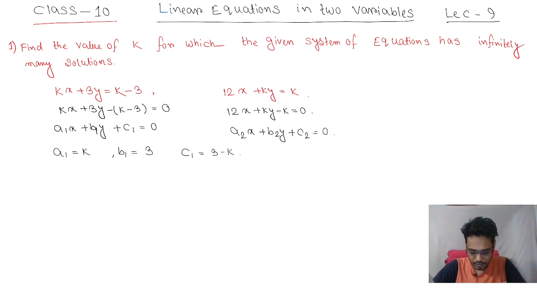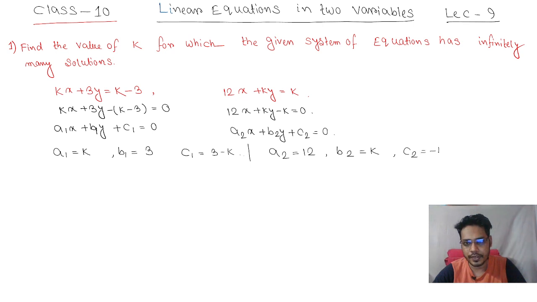Now from equation number 2, what we can get? Here a2 will be 12, b2 is k, and c2 is minus k.